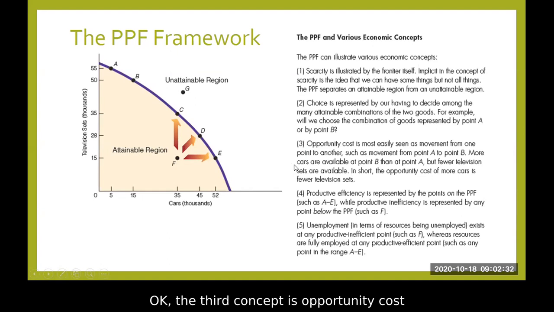Okay, the third concept is opportunity cost. And opportunity cost means trade-offs. We can see opportunity cost if we move between any two points. So let's say we go from A to B. Going from A to B, we're able to get more cars. From 5,000 cars, we're able to now get 15,000 cars.